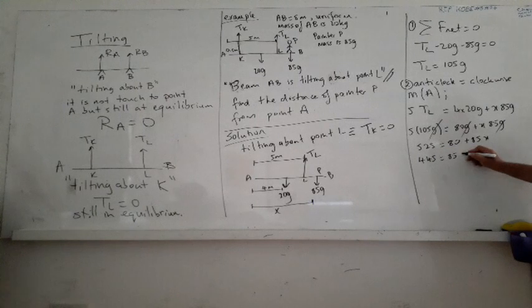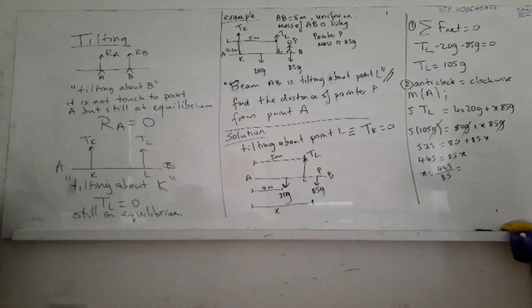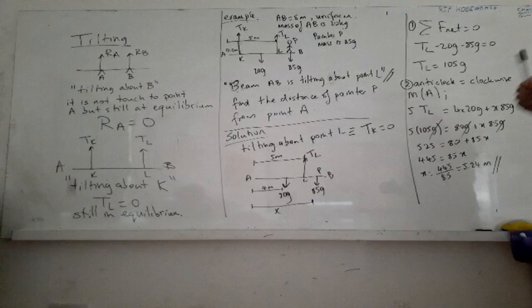So X is equal to 445 over 85, which is 5.24 meters. So as you see, tilting makes the question a little bit easier.